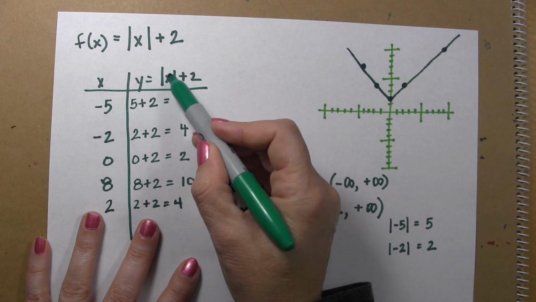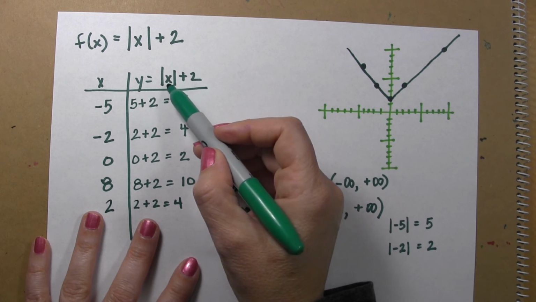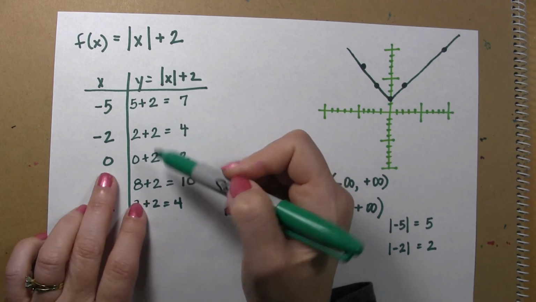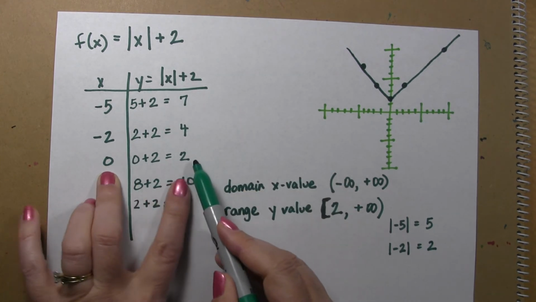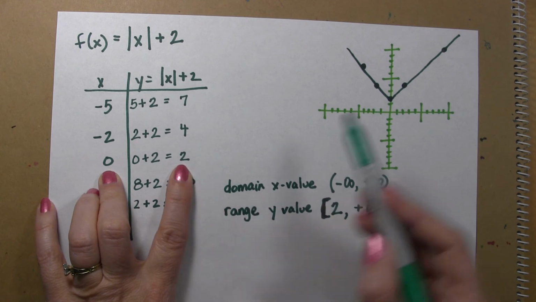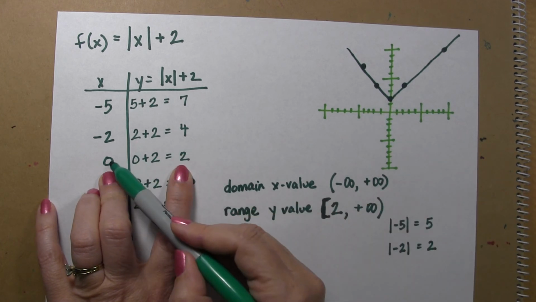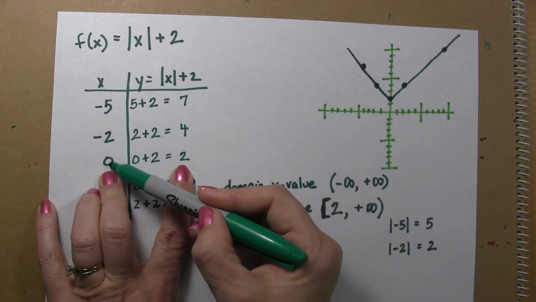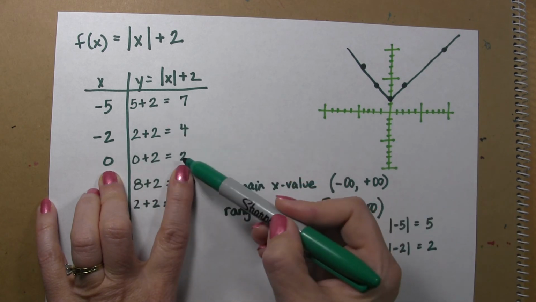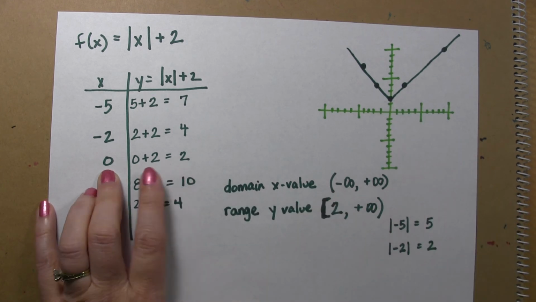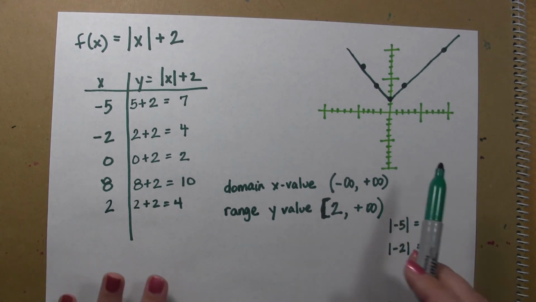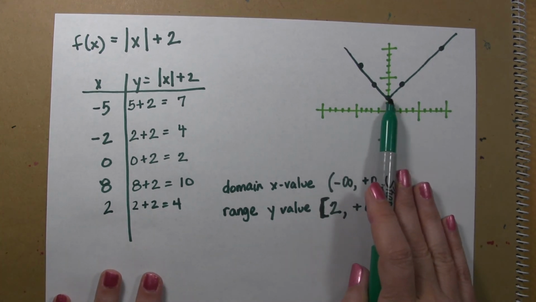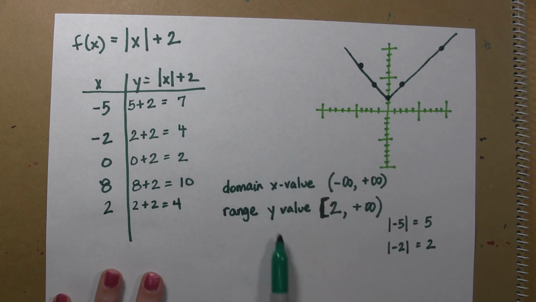So if you take the smallest number you can get without it being negative, that's 0, y is going to equal 2. Since x will never return anything lower than 0, y will never return anything lower than 2. So 2 is as small as it gets. So for these types of problems, you might find it very helpful to draw your graph first and then start to think about your domain and range limitations.